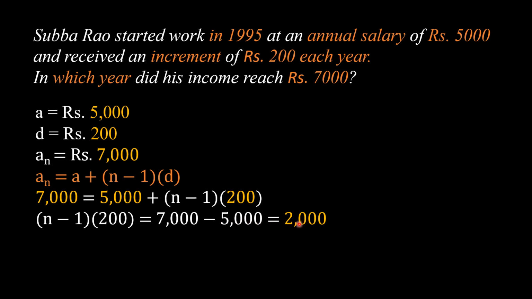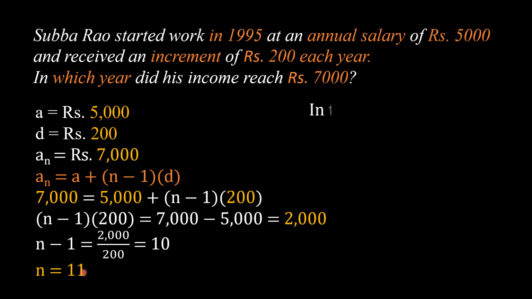Now we will divide this 2000 by this 200 and write n minus 1 equals 2000 divided by 200. So these two zeros will get cancelled with these two zeros, and two tens are 20, so we get n minus 1 equals 10, that is n equals 11.